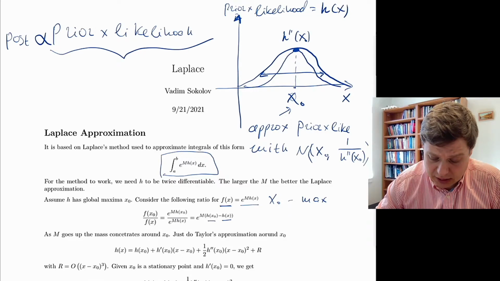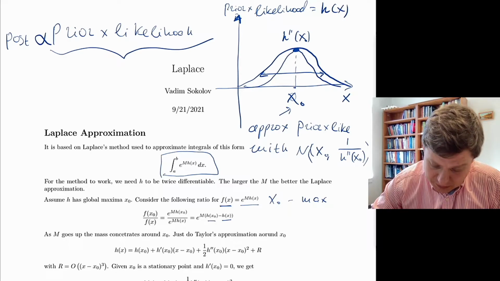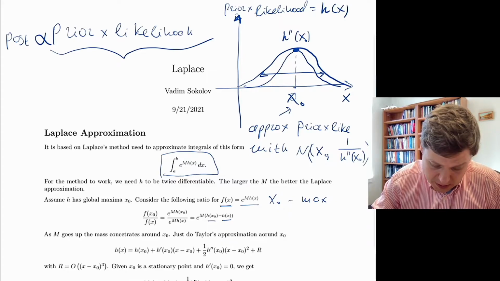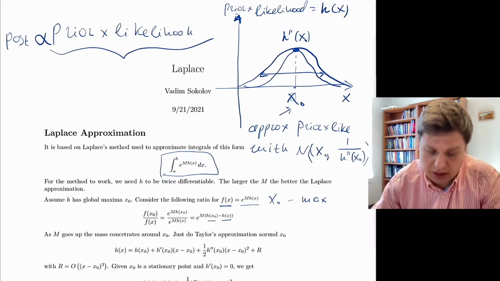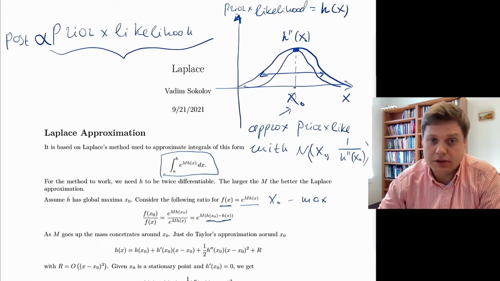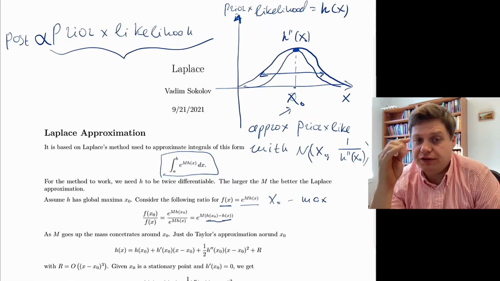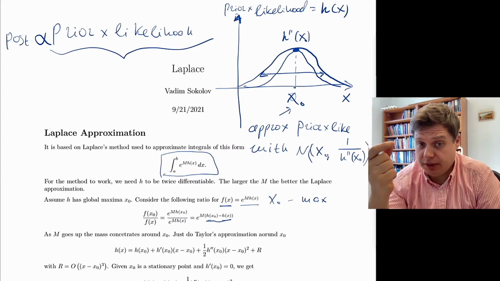And the point of this little calculation is to show that this ratio, since x0 is the maxima, this difference is always going to be a positive number, and the further away x is from x0, the larger this number becomes.